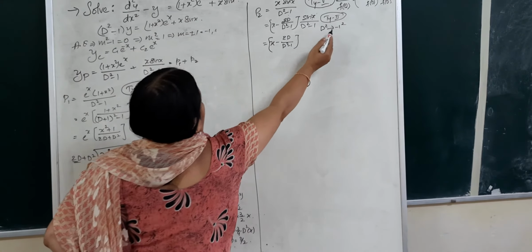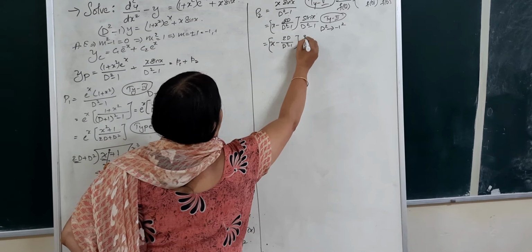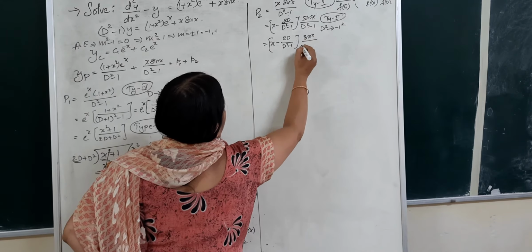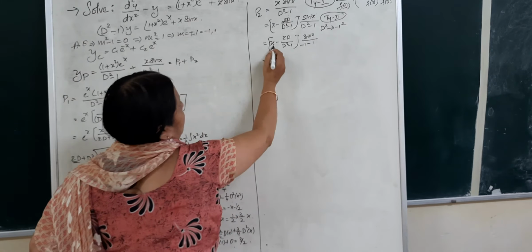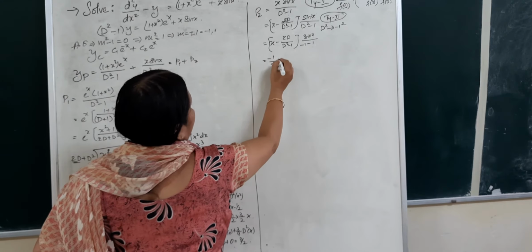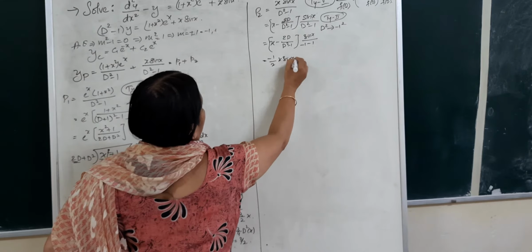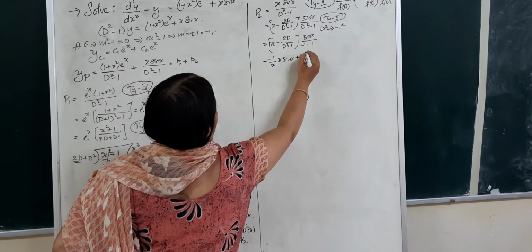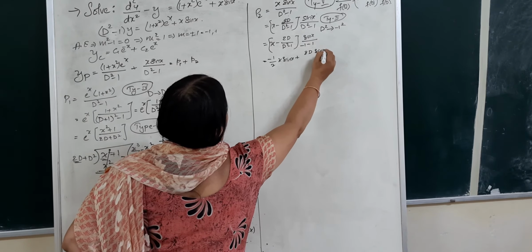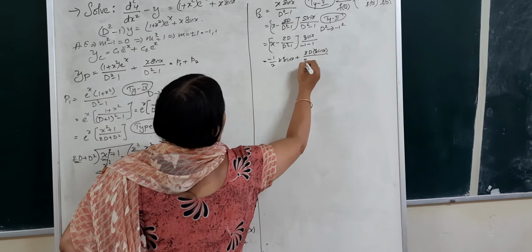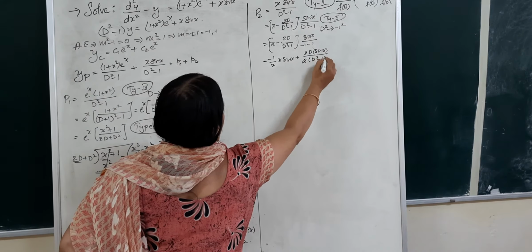Next, substituting here D square as minus 1, you get sin x divided by minus 1 minus 1, that is minus 2. So multiply now, minus 1 by 2 x sin x, minus of minus plus 2D sin x divided by 2 times D square minus 1.